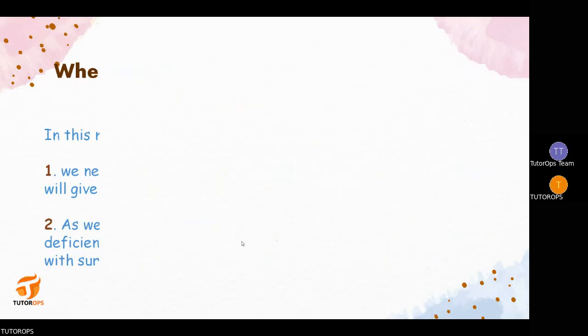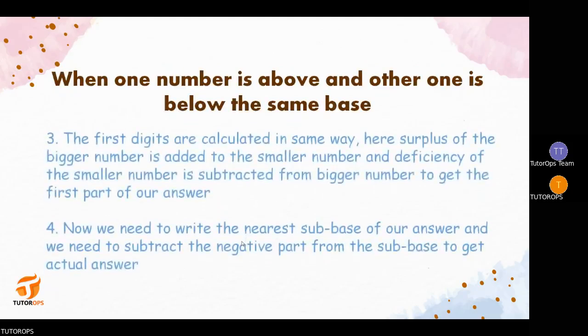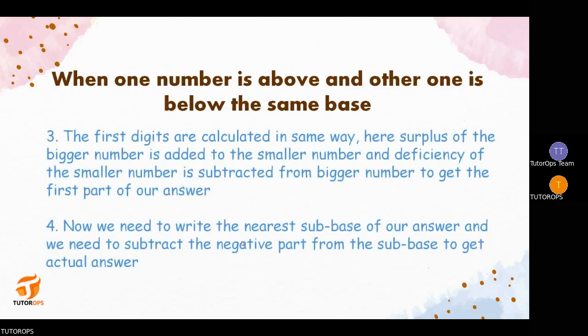In this method, I have another trick. The first digits are calculated in the same way as I have mentioned, by cross addition or cross subtraction. But here, the surplus of the bigger number is added to the smaller number. Why?